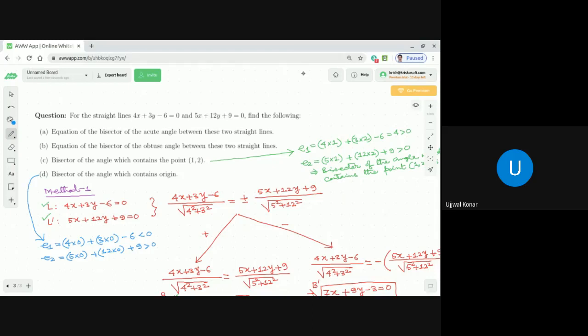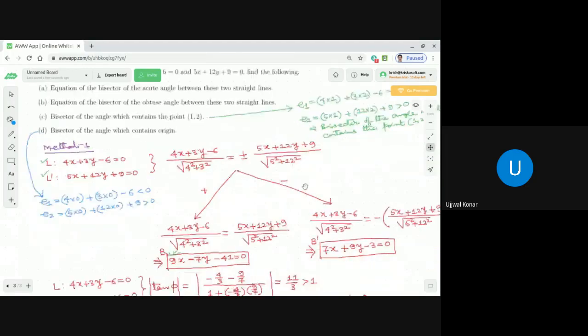We can say that the equation of the bisector that contains the origin is by taking the negative sign. That means this one.